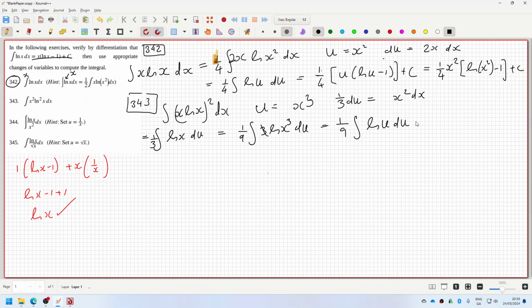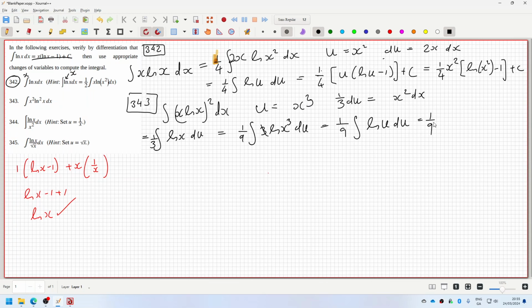Nice. So this would equal 1/9 log u. So that's the previous answer, except instead of x squared, it's u squared, and u is x cubed.